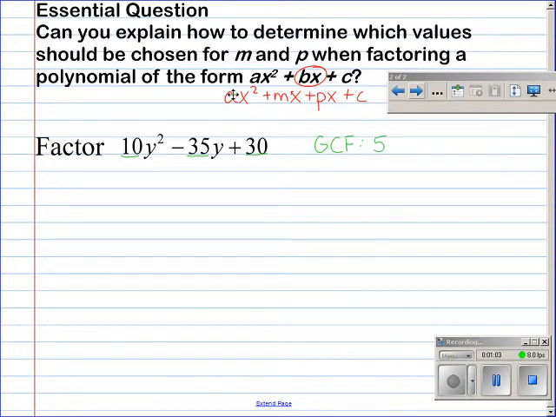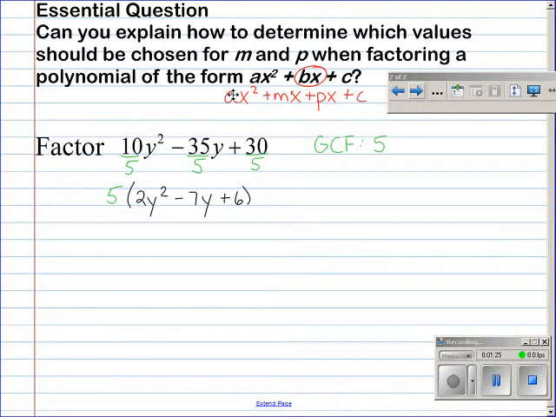They don't all have the letter y, so the GCF here is just a number. When we divide each of these coefficients by 5, we're left with 5 times 2y squared minus 7y plus 6.